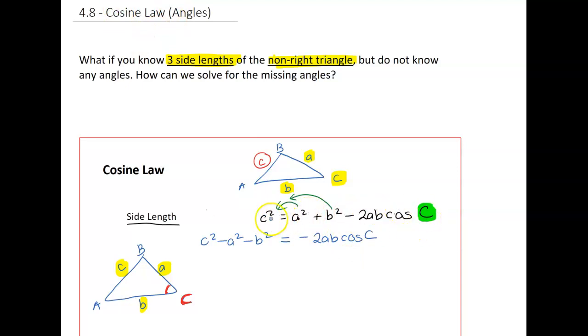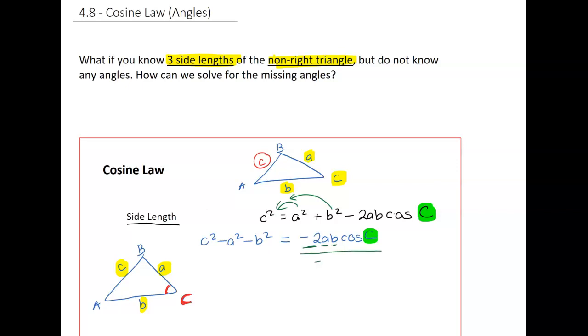I just moved the formula above just so that we're lining up our equal sign. So as you can see here, I've moved the a squared and the b squared to the other side, so it's over here now. And now what we want to do is, again, isolate for that variable of the angle C. So now we have to get rid of anything that's being multiplied with it. Well, the things that are being multiplied with it are the a, b, and the number negative 2.